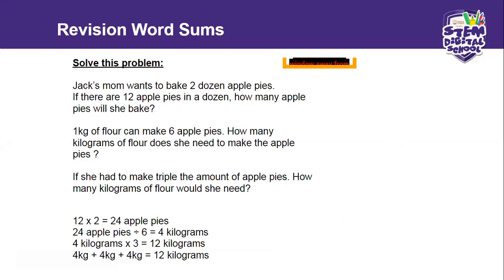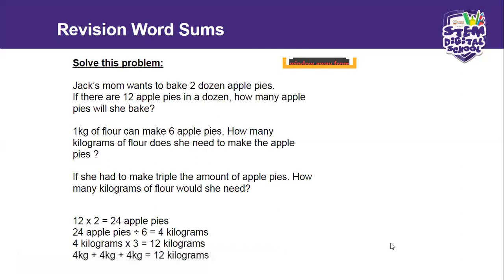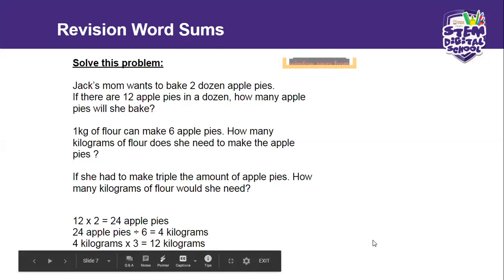Then it will be your first 4 kilograms, your second 4 kilograms, your third 4 kilograms, which gives you 12 kilograms. Alternatively, you can just multiply 4 kilograms by 3, which gives you 12 kilograms.